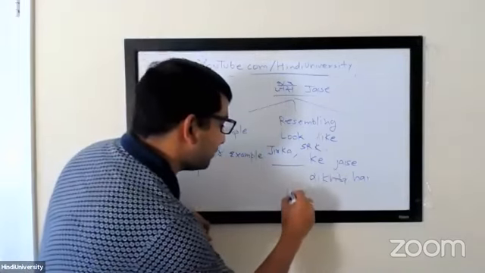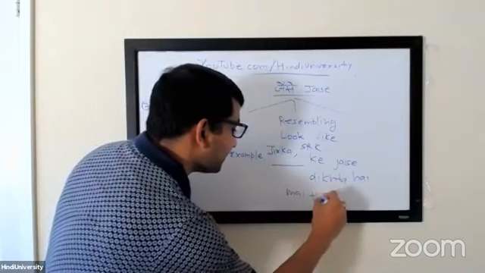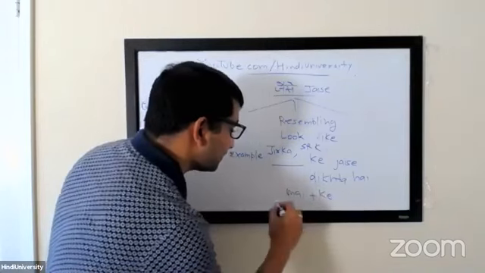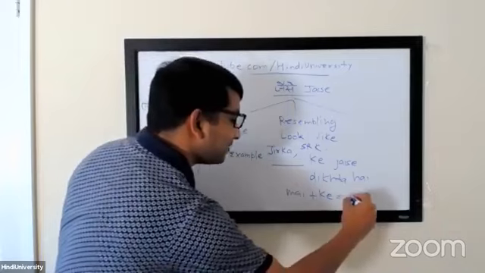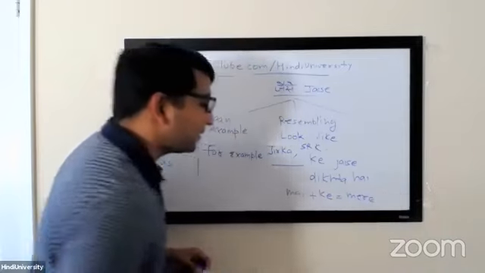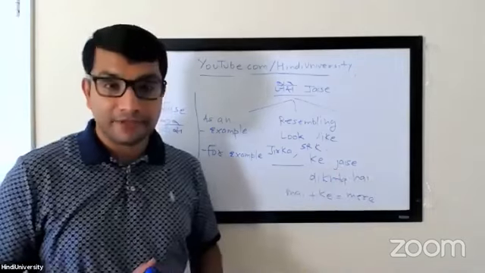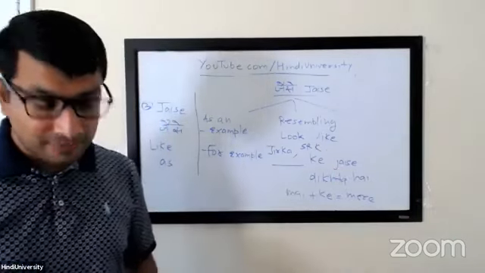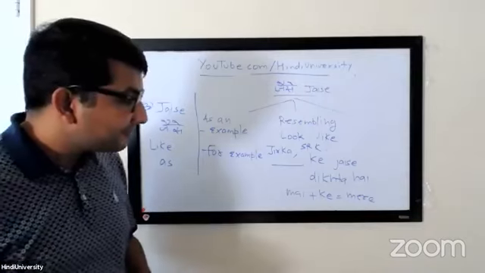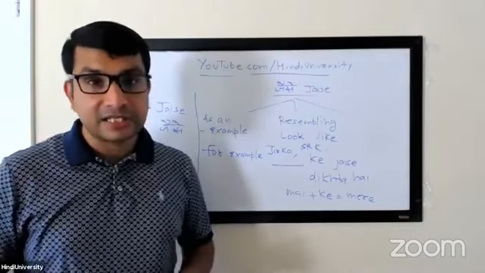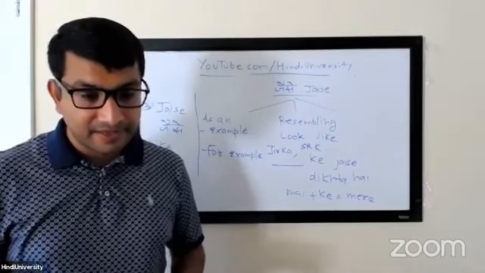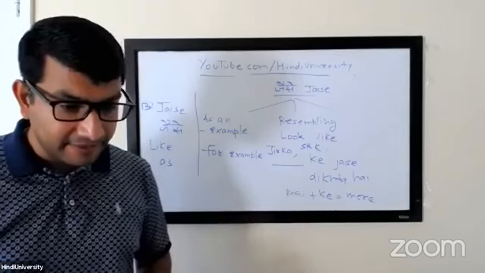So you're right. Very good. मेरी बेटी मेरे जैसी दिखती है. Very good. So मेरे जैसी दिखती है.